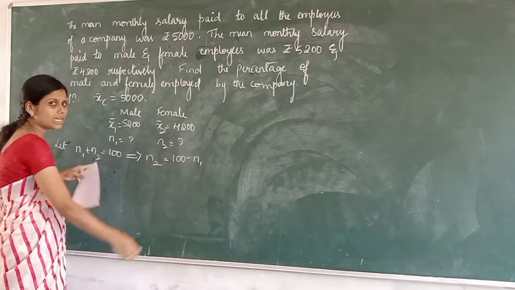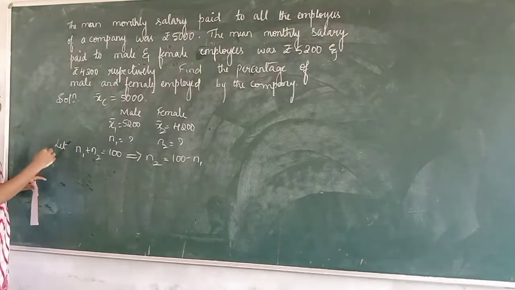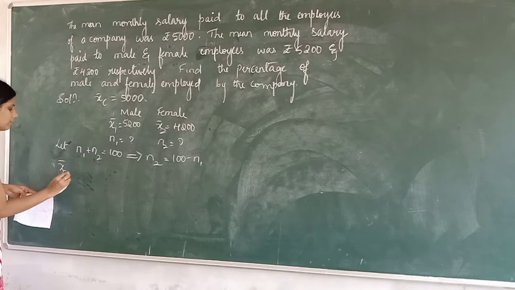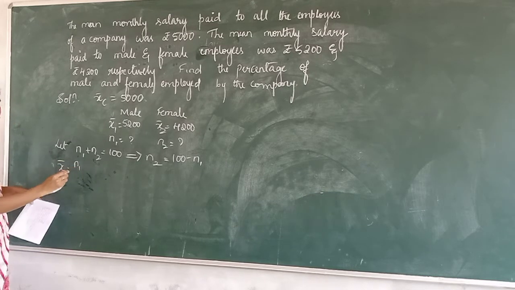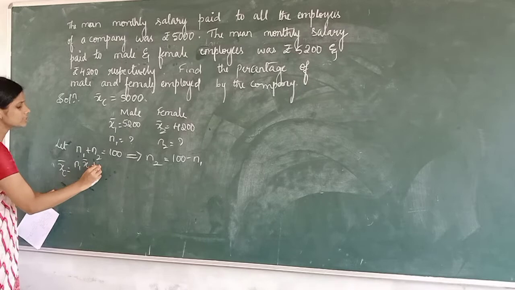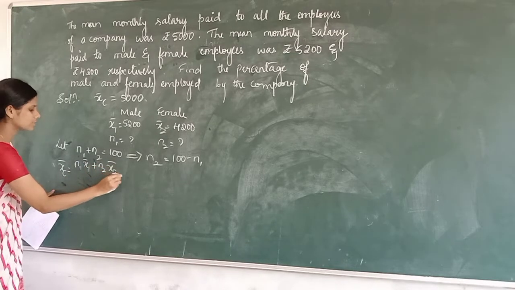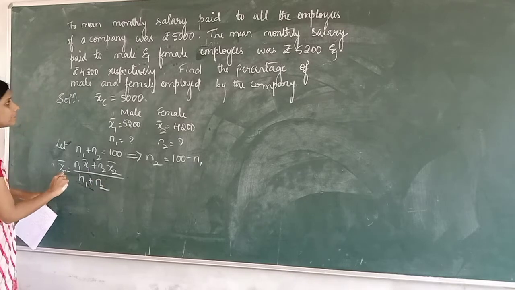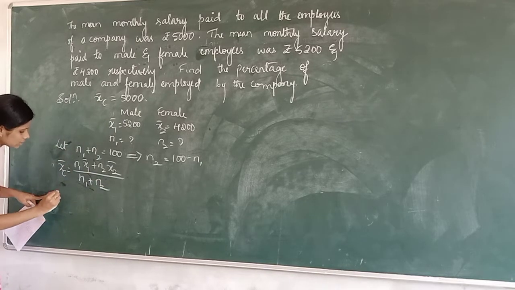N1 is male employees. So now we can apply the combined mean formula and find out the solution. The combined mean formula is x bar c is equal to N1 x bar 1 plus N2 x bar 2, divided by N1 plus N2. We know the combined mean value is 5,000.